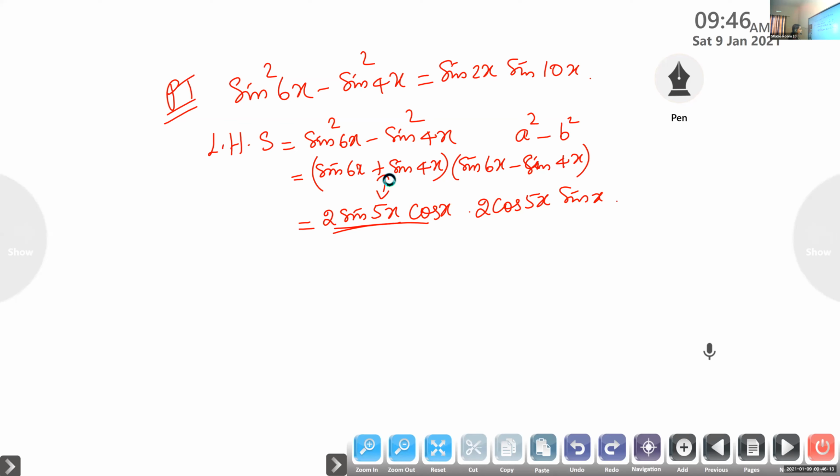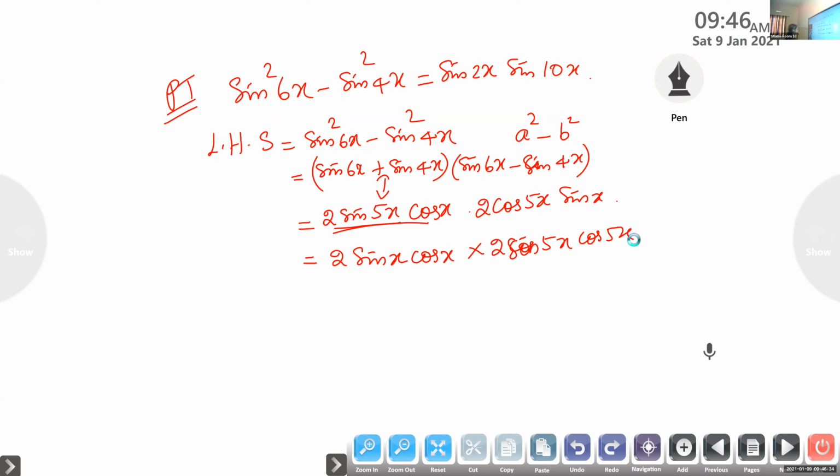Then if we rearrange, we'll get 2 sin x cos x into 2 sin 5x cos 5x. Is it clear, children? We are just rearranging. Bring the x terms together, bring the terms with 5x together.